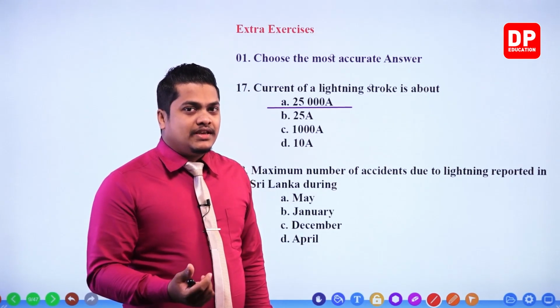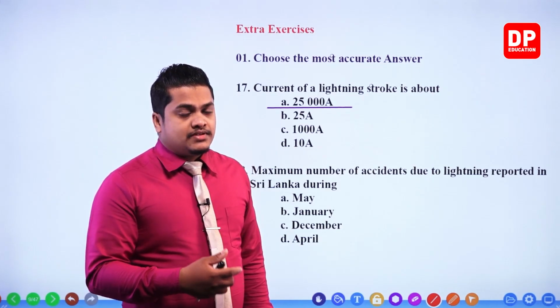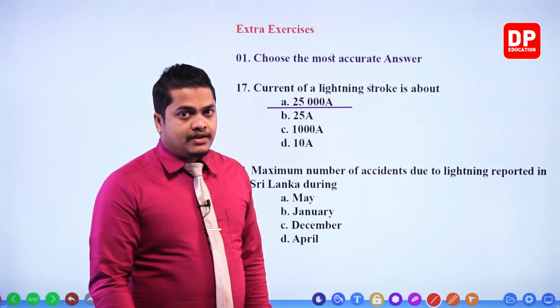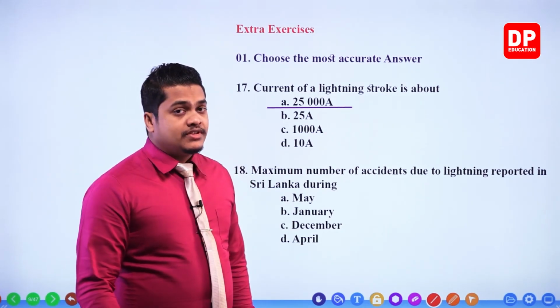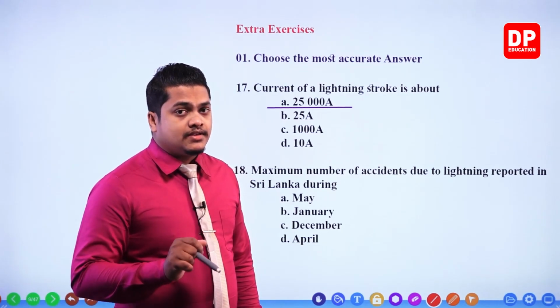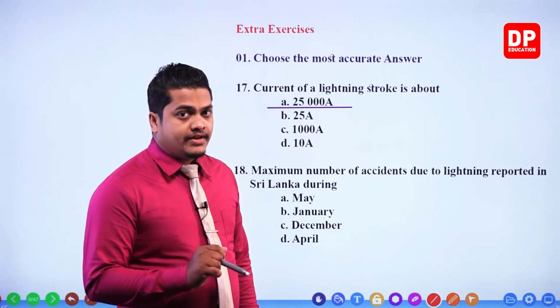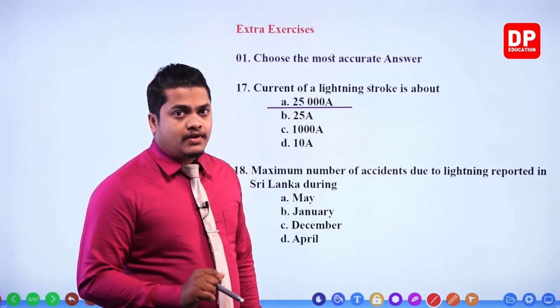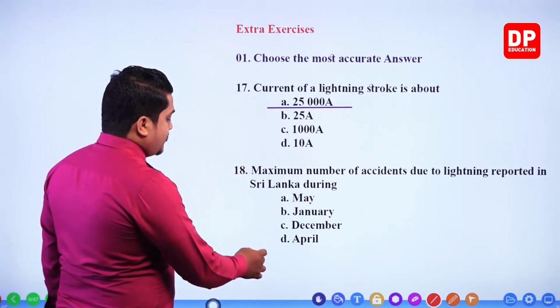So usually the maximum amount of lightning strikes happens during the intermonsoonal time period. So my dear children, the answer should be April, because that is the month which has the highest amount of lightning accidents, because of the intermonsoonal time period.